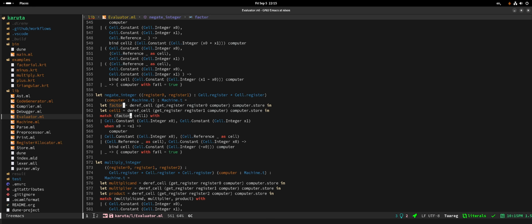Subtraction. Where is it? Additive inverse, apparently, is the name of the first one.